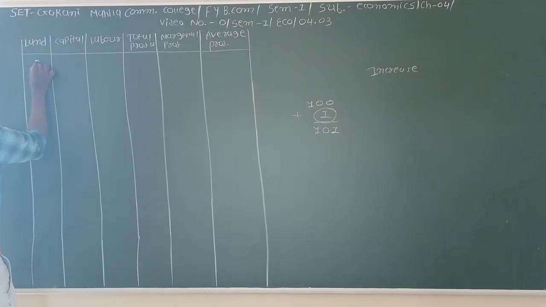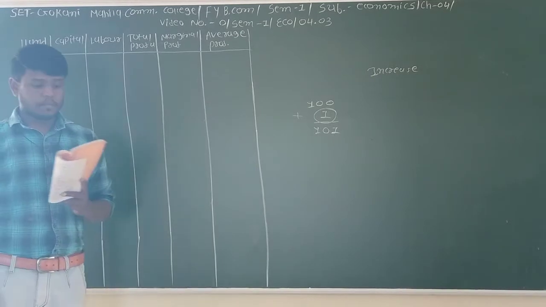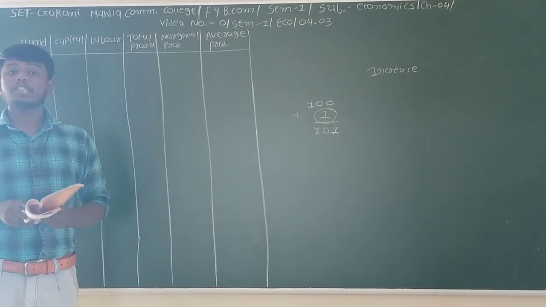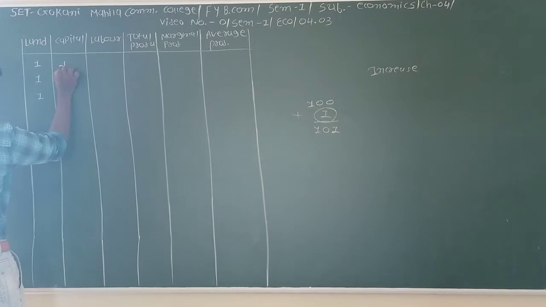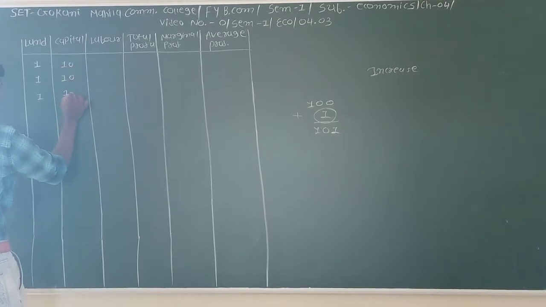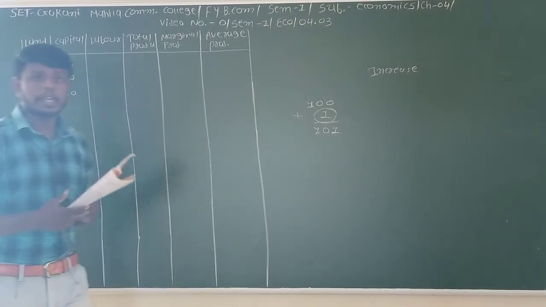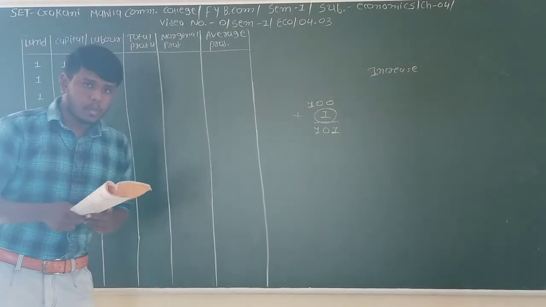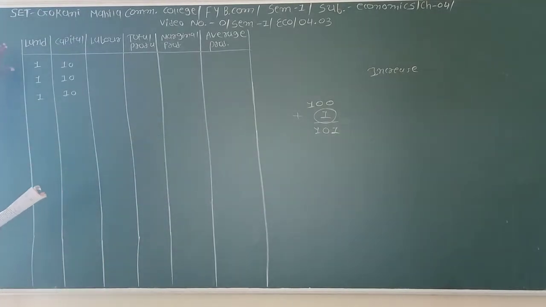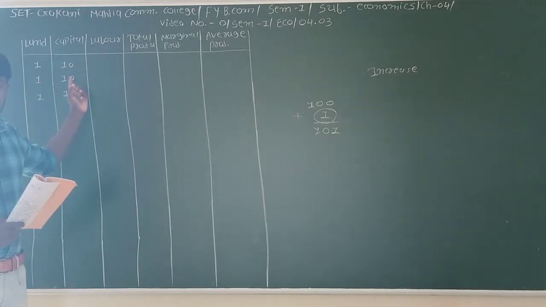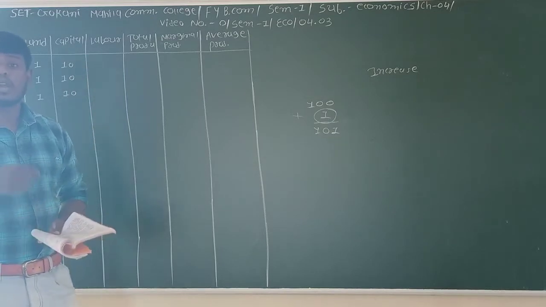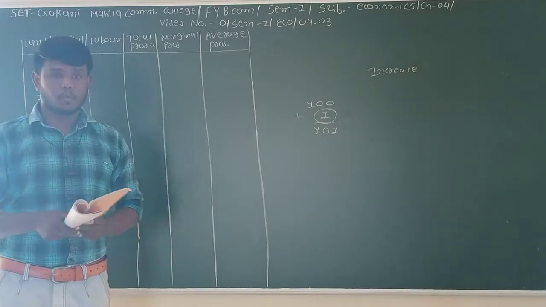We cannot change the land. After that, the capital is given as 10. To clarify, in this example we can take 1 acre of land. If you employ 10 lakh rupees, how do that 10 lakh rupees on 1 acre, the land, capital and labor give you production?